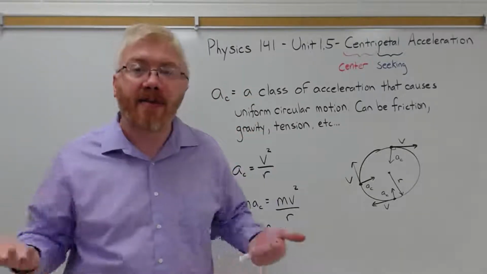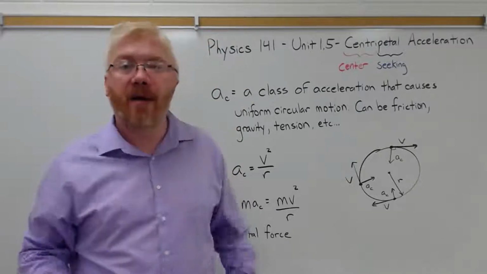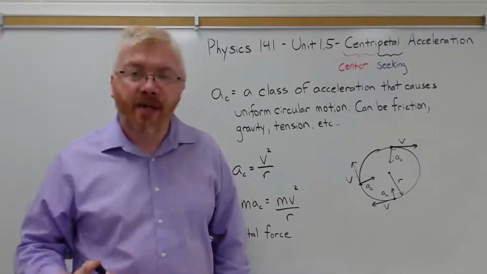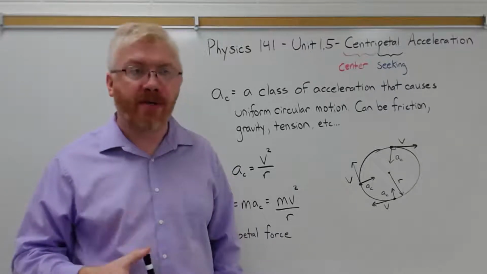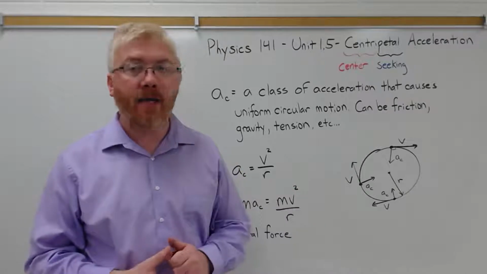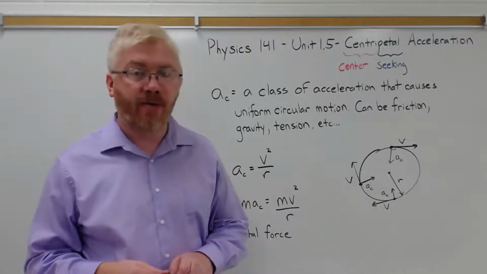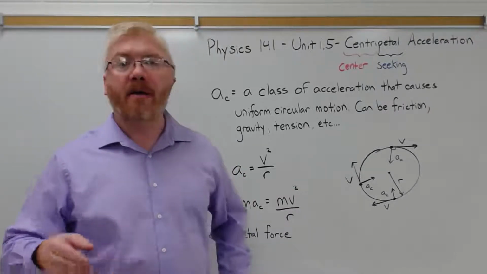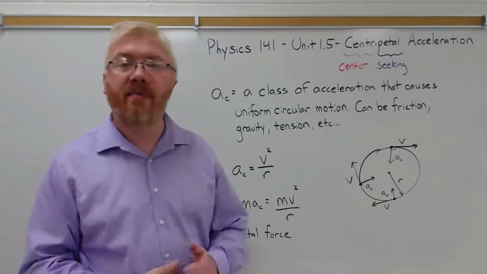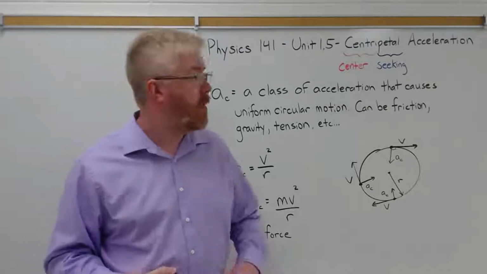You turn the wheel, but nothing happens. Your car continues to go straight off the road. So friction can be a centripetal force. Not all friction is, like pushing a box in a straight line, the friction pushing back on you isn't a centripetal force. But car tires on the road is an example of a centripetal frictional force.